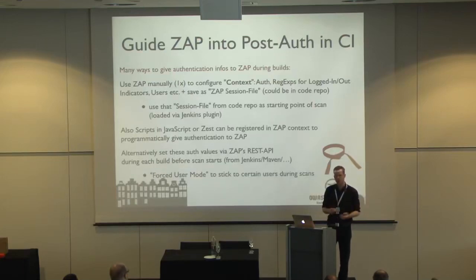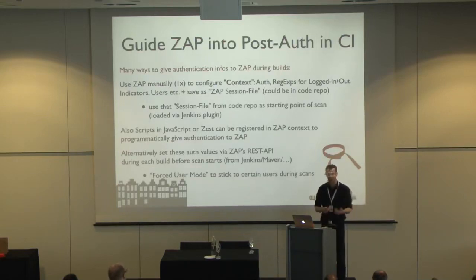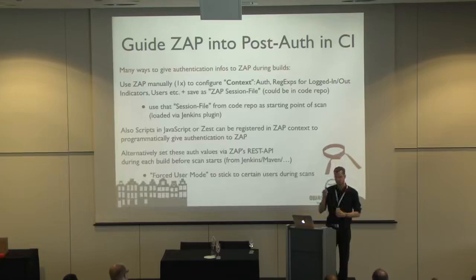So you attribute your source code repository, which the build server like Jenkins uses, with an individually configured application session file, where the authentication information is configured one time initially.